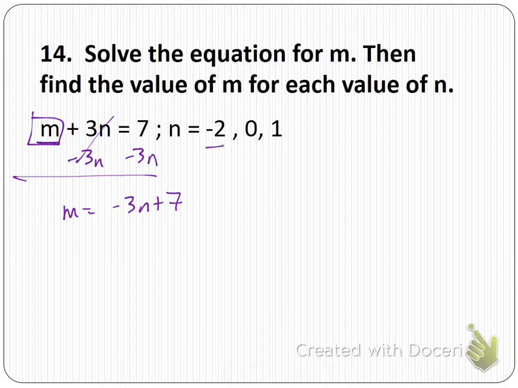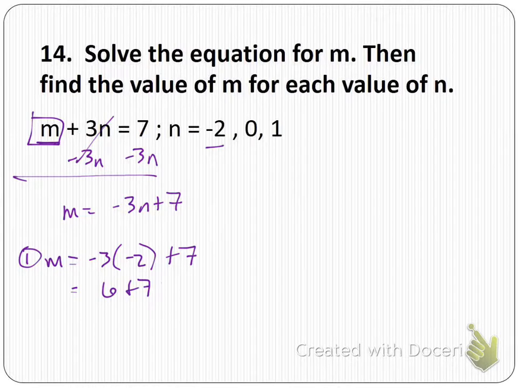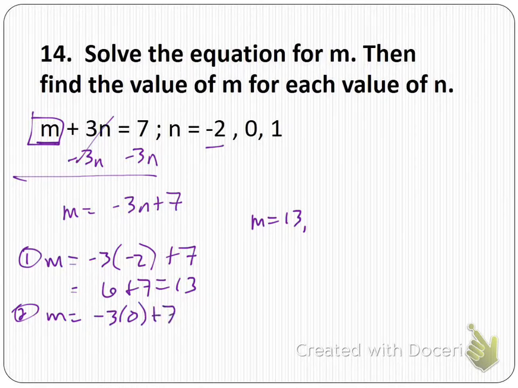Now, if n is negative 2, we want to find out what m is. So we're going to do this 3 times. So we get 6 plus 7, which is 13. So m is going to be 13. Or when we plug in 0, we get 0 plus 7, or 7, so it's going to be 7.